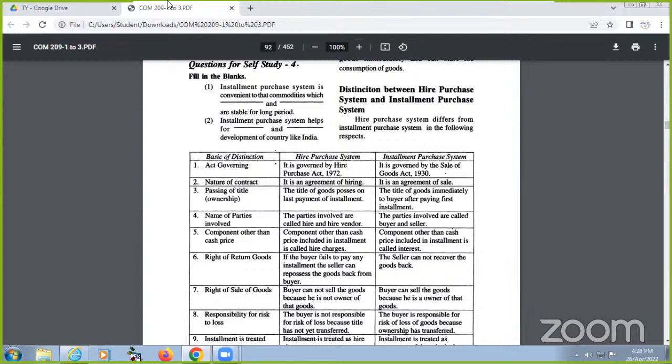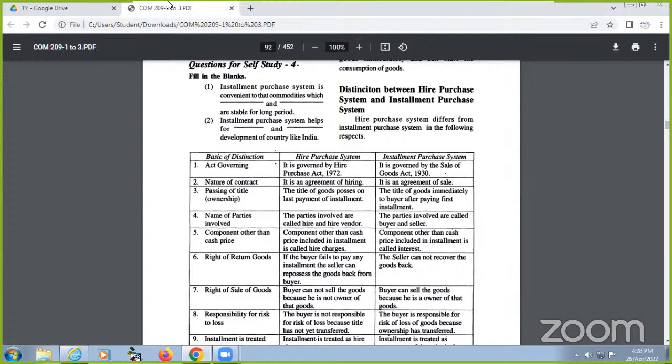Right of return of goods: if the buyer fails to pay any installment, the seller can repossess the goods from the buyer; the seller cannot receive the goods back.